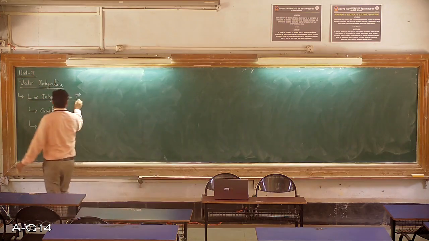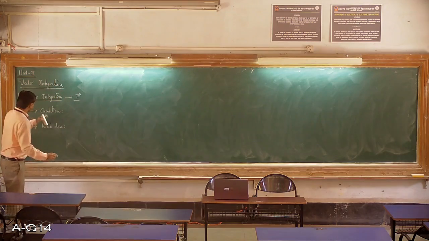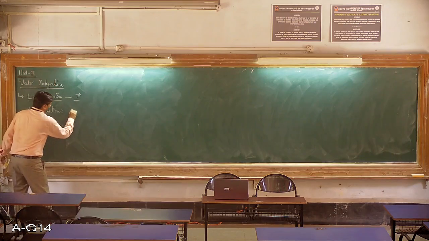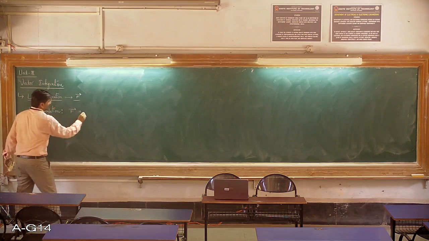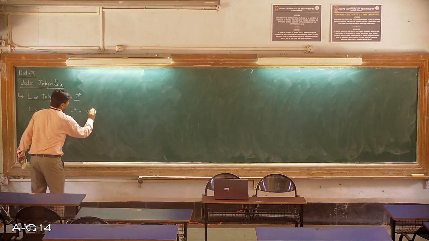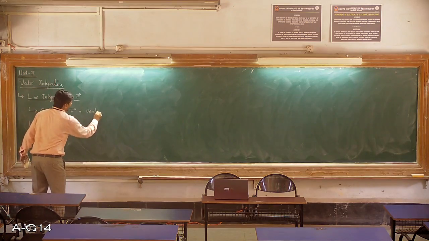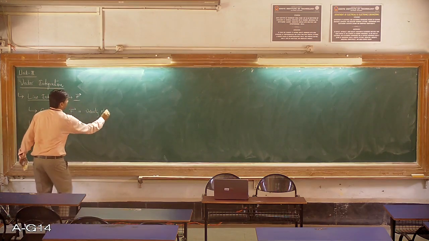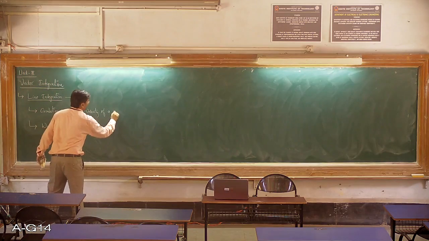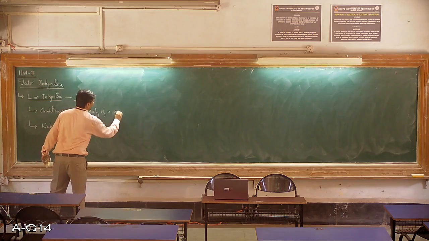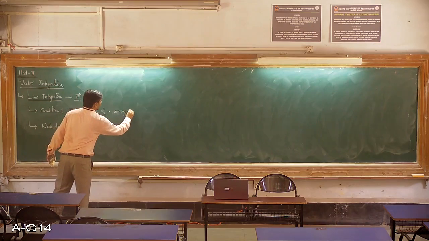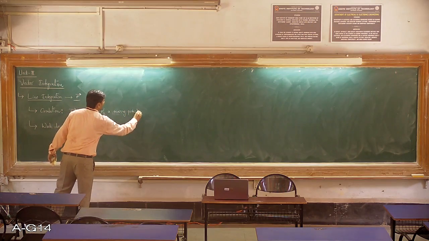Okay, F is generally a vector field, but in circulation, F is the velocity of a moving particle.